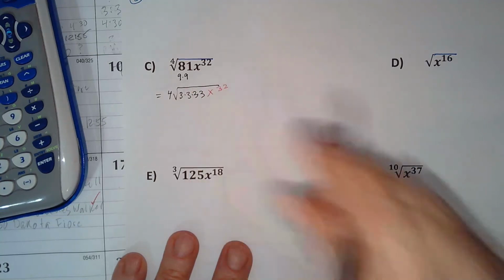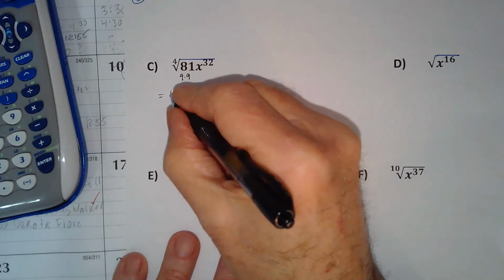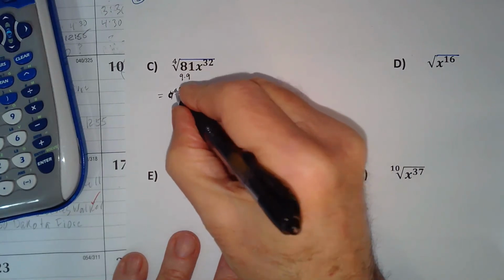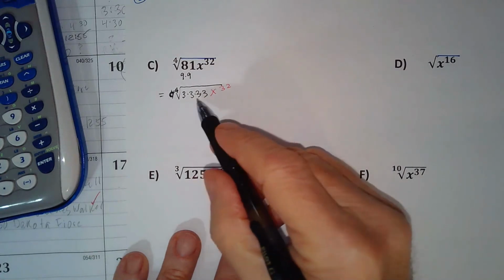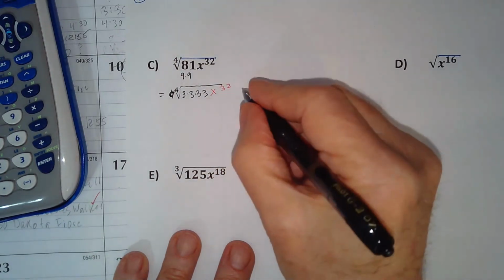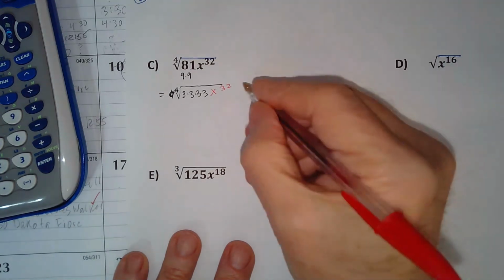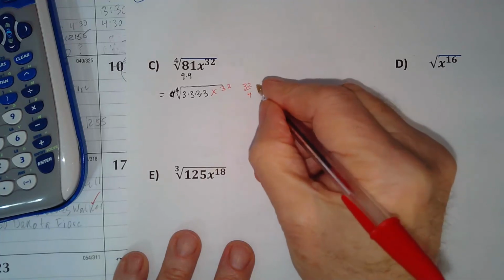Well, all right, if it's fourth root, let's put the root sign in here. It goes inside the radical. So fourth root of x to the 32nd. So that's really 32 divided by 4. What does that leave us with? Well, that's 8.